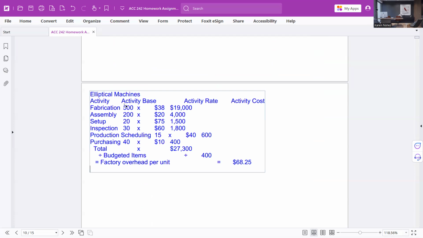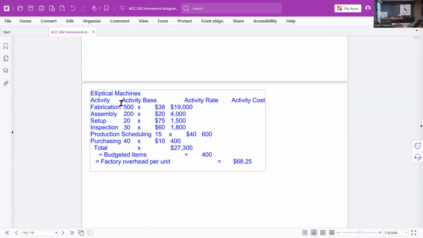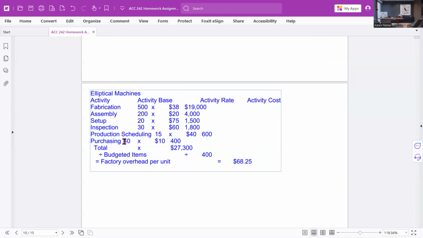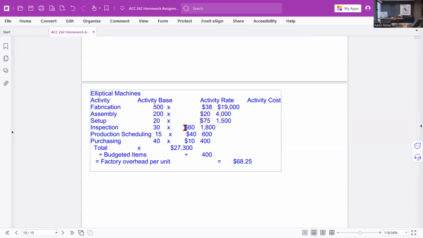So there are the ellipticals. So we have the activities. See if we can just spread this out a little bit. The activity times the appropriate rate will give us the activity cost.